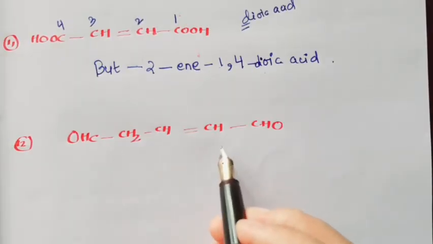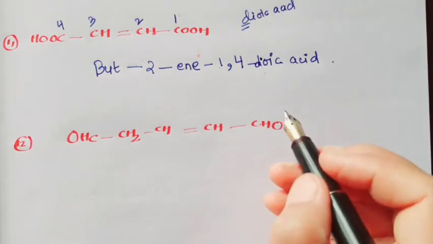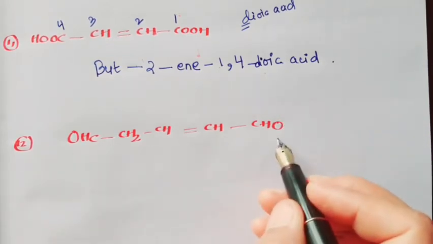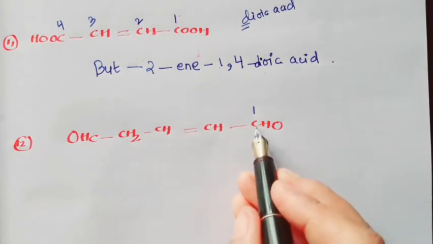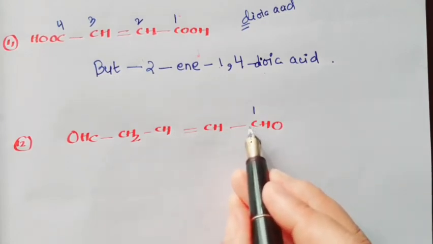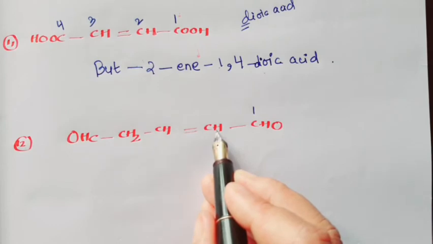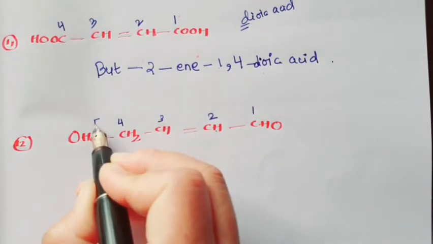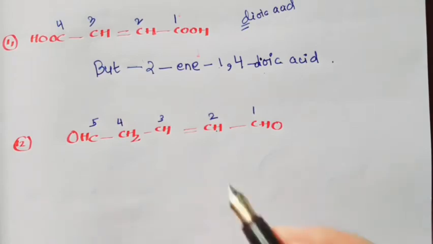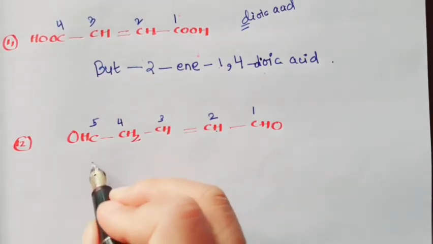So this compound, again, number. This is a simple chain, the longest chain, you can number from either side. So we have to number from this side, because this double bond will get the least position. So 1, 2, 3, 4 and 5. Now how many carbons are in the chain? 5, pent.